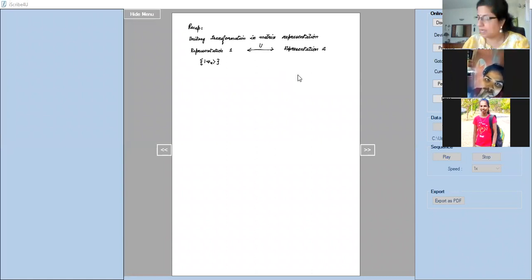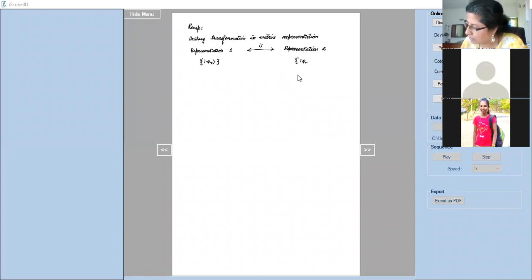Okay. And here, on the other hand, you had another set of eigenkets. And it's the relation between these two sets of eigenkets that essentially determines what your U is. Now, what do we know about these eigenkets?